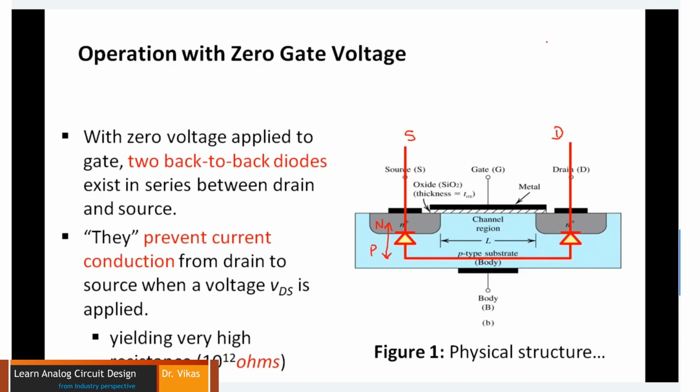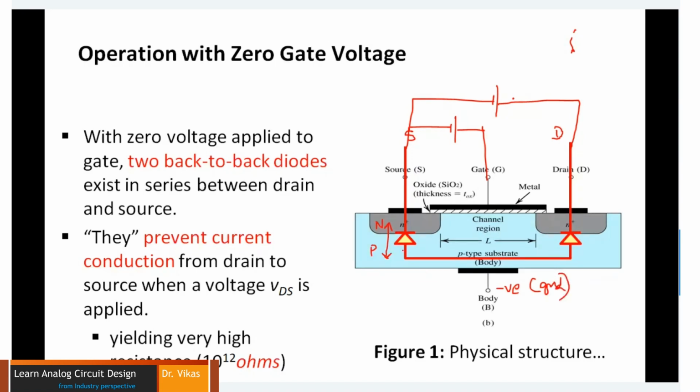Because if you see over here, whenever we apply a voltage between these two terminals, these by default make them reverse biased, because like I told, this body is connected to the negative potential or it is grounded.